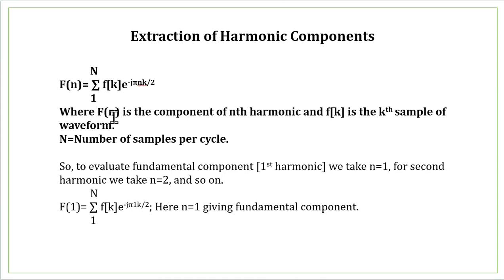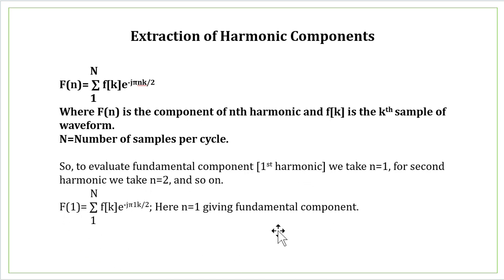Here n is the nth harmonic, k stands for the kth sample of the waveform, and capital N is the total number of samples you take per cycle. To evaluate the fundamental component, that is the first harmonic, we take n equal to 1. For the second harmonic, we take n equal to 2 and so on.